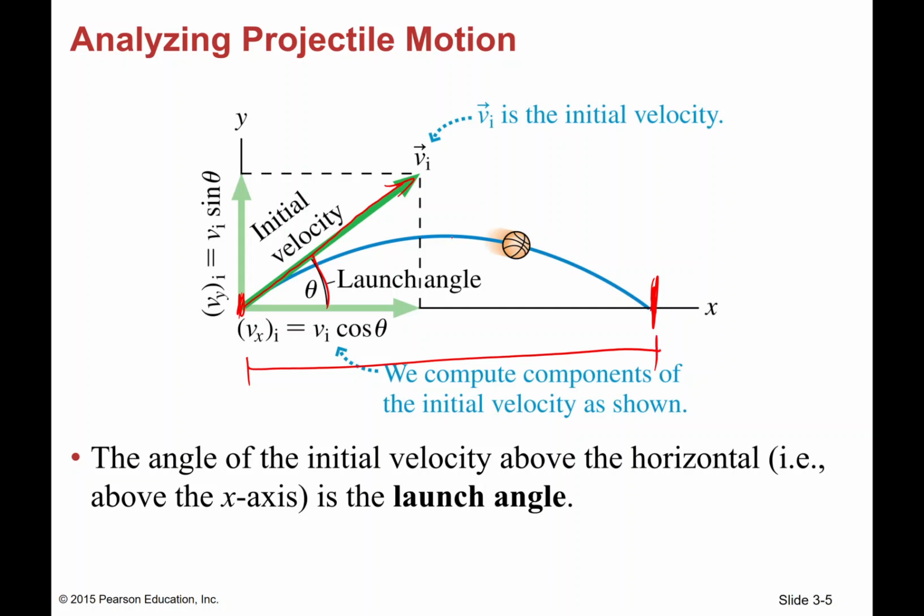Also, we would like to find how high it goes, this distance here. And we would like to find how long it takes to land here. What is the time of flight? Or how long does it take to reach this point here? Those are questions that we would like to answer. And the variables that we can control are the initial velocity and the angle that you launch your projectile with.